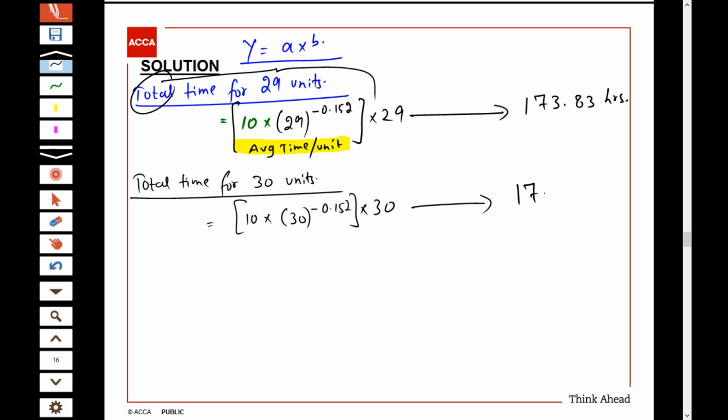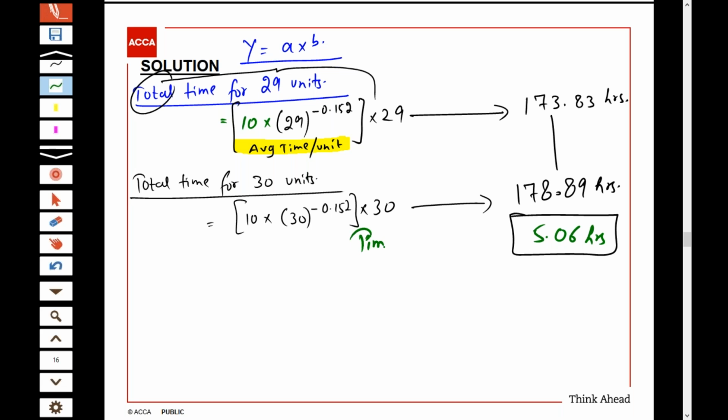It is 178.89 hours. 178.89 minus 173.83. This is 5.06. This is the time on 30th unit.